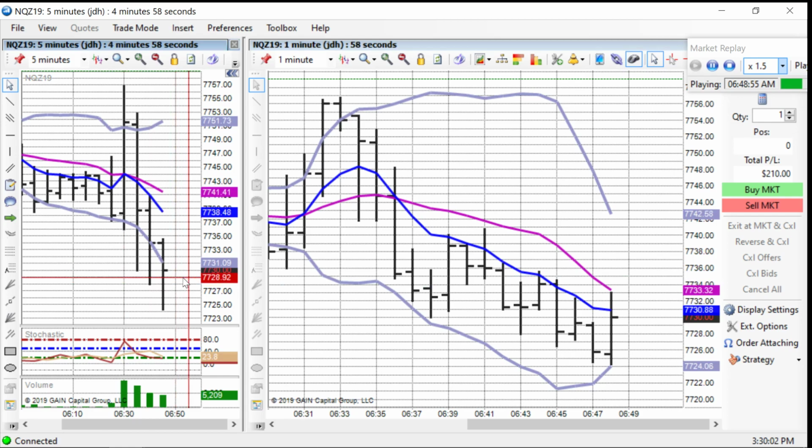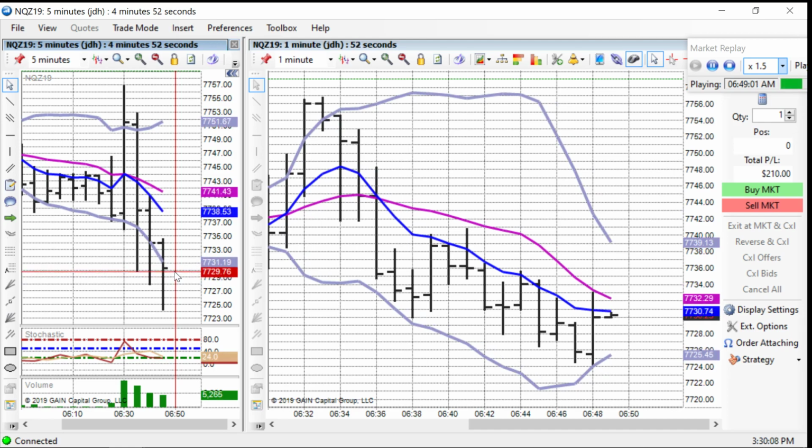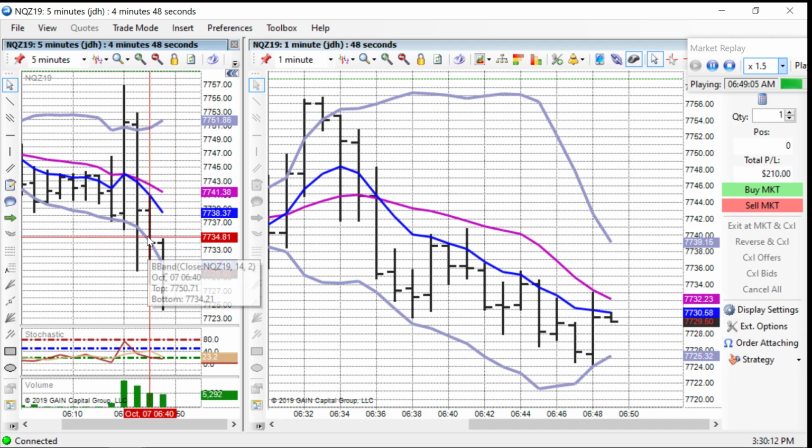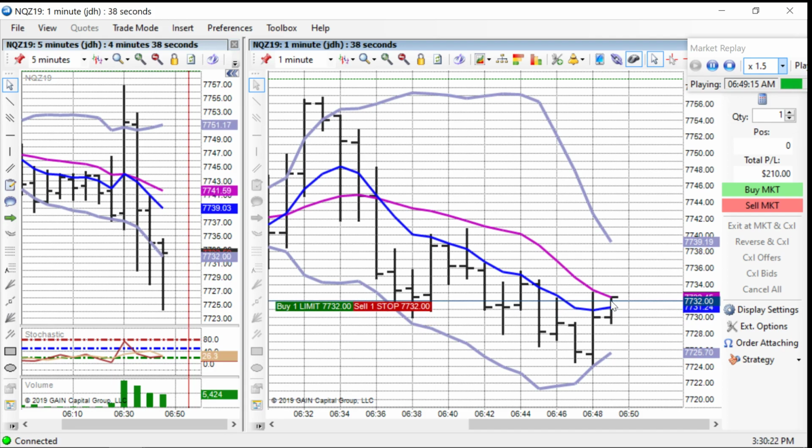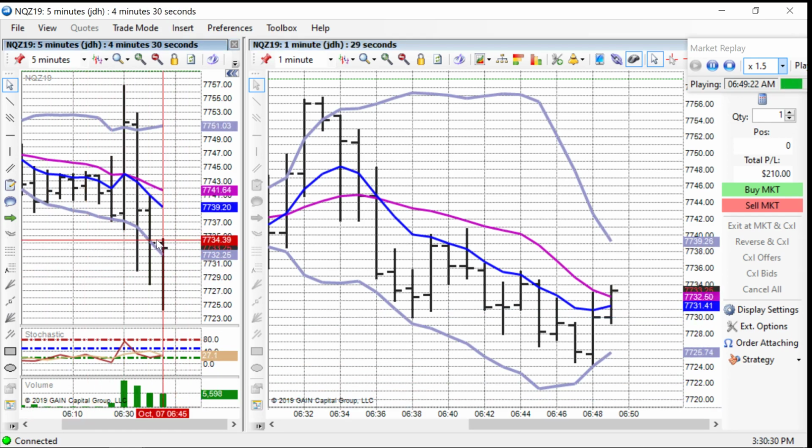And on the 5-minute chart here, you'd see a reversal back up through the lower Bollinger Band, and if it takes out the high of this price bar here, that would look like an 80 EMA reversal on the 1-minute chart. So that's the kind of setup I look for on the 5-minute chart.